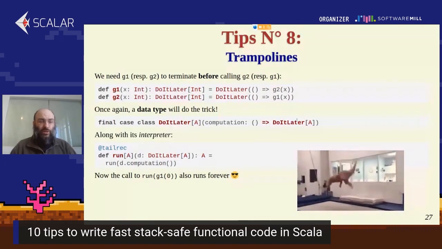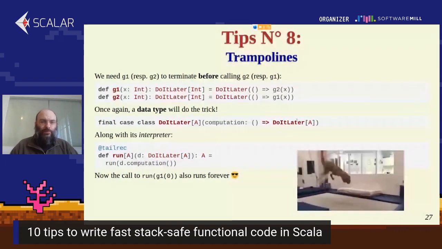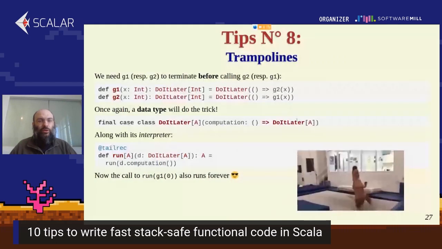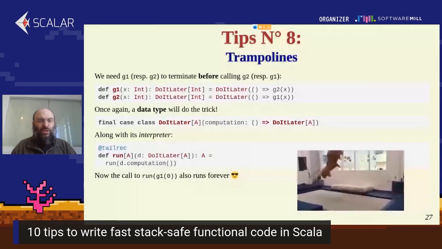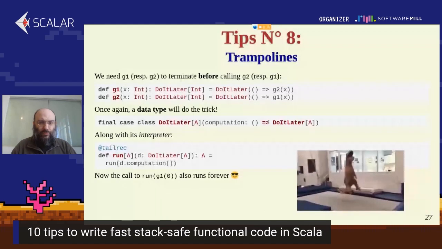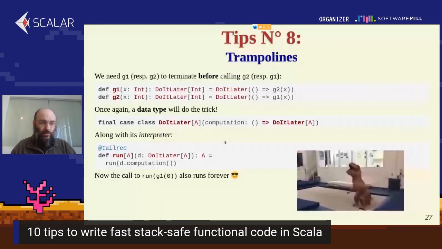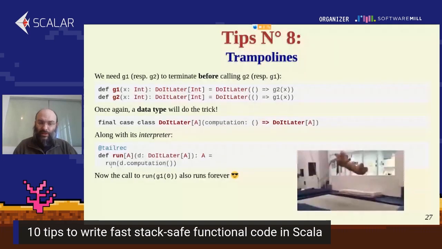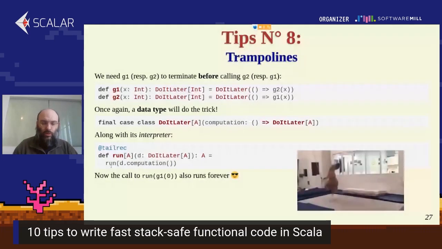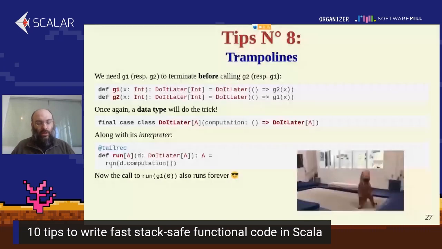Obviously, we had to provide an interpreter, but this is the representation of a computation. So what will you do later? If you have something that says, okay, do it later, you actually perform the computation. That's another do it later, and then you run it. The thing is, the interpreter is tailrec. So it will work. So that's the trampolining thing.